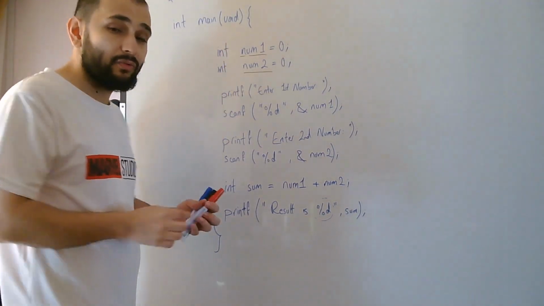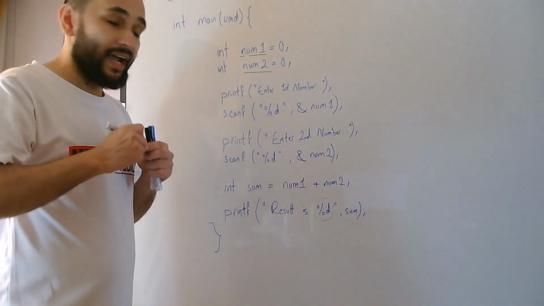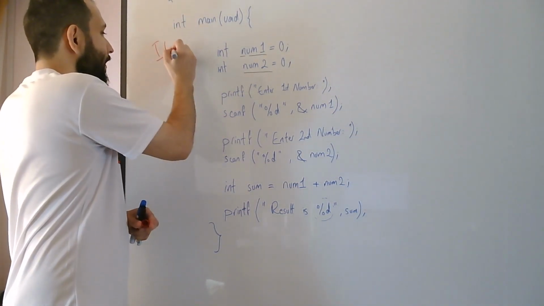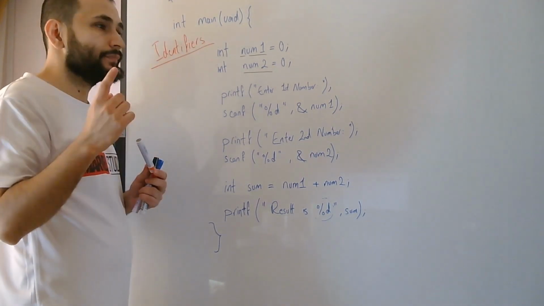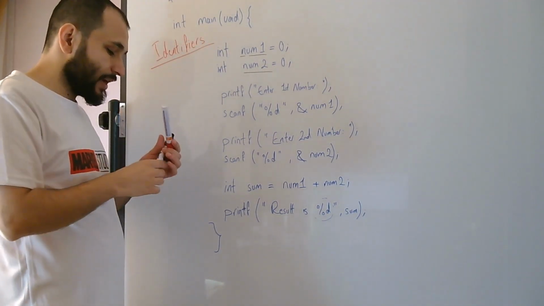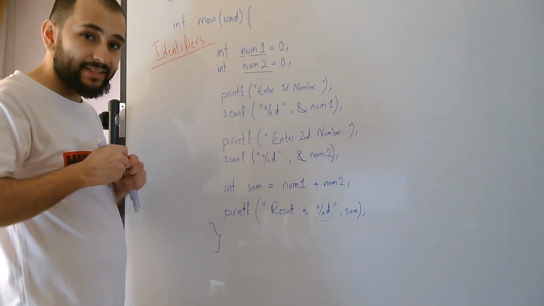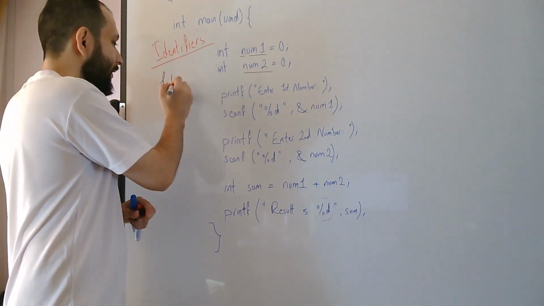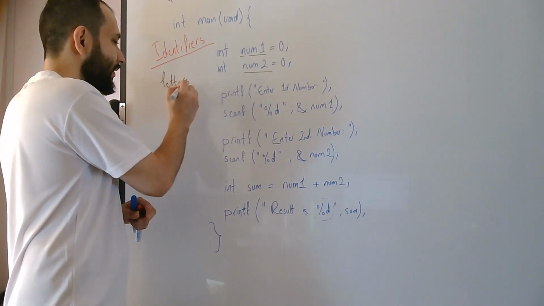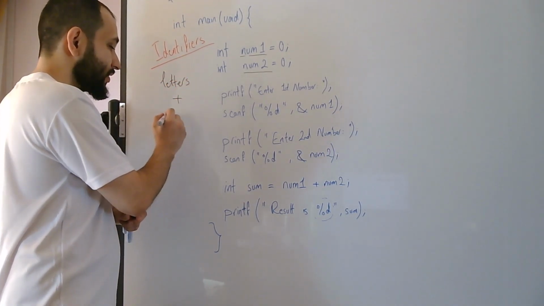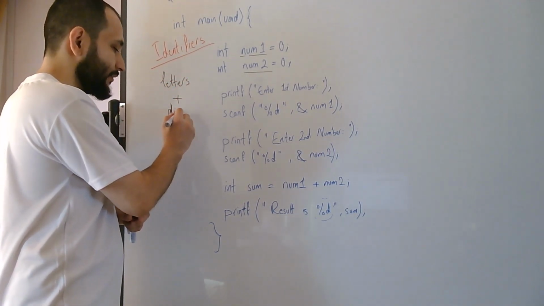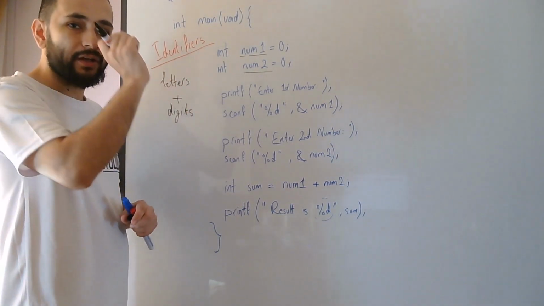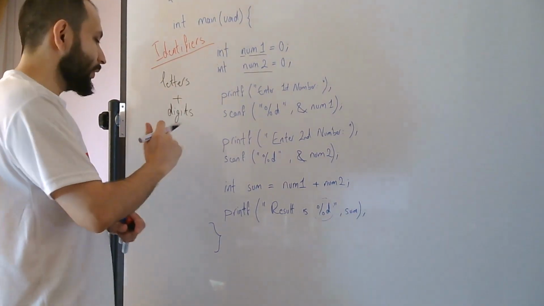First, let me write the title for you here: identifiers. For identifiers, we can use letters of the English language, plus digits, 1, 2, 3, 4, from 1 to 9 with 0 included as well.